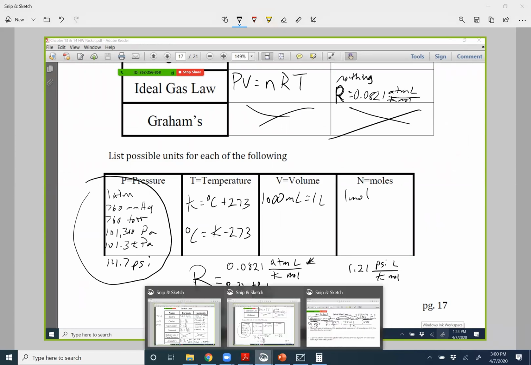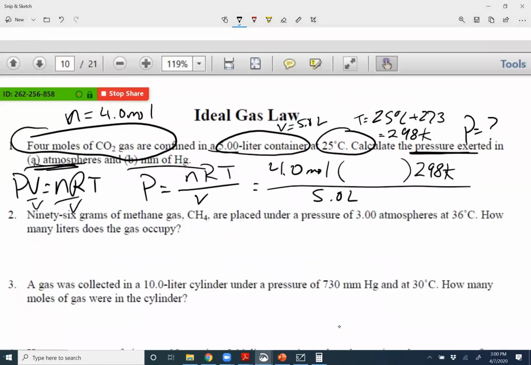So we're going to use 0.0821 atmospheres, liters, Kelvin, moles. Now take a look. The moles will cancel, the Kelvin will cancel, and the liters will cancel. And what's left? Atmospheres. And atmospheres is the measure of pressure.